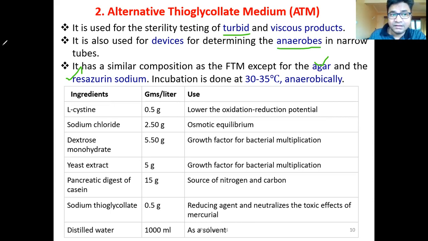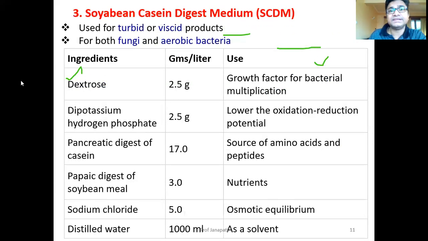Now, let us see the next: soybean casein digest medium. It is also used for turbid and viscous products. One important thing is that you can check fungi, and the remaining aerobic bacteria you can check. It has soybean as an ingredient, and pancreatic digest as the source of amino acids.